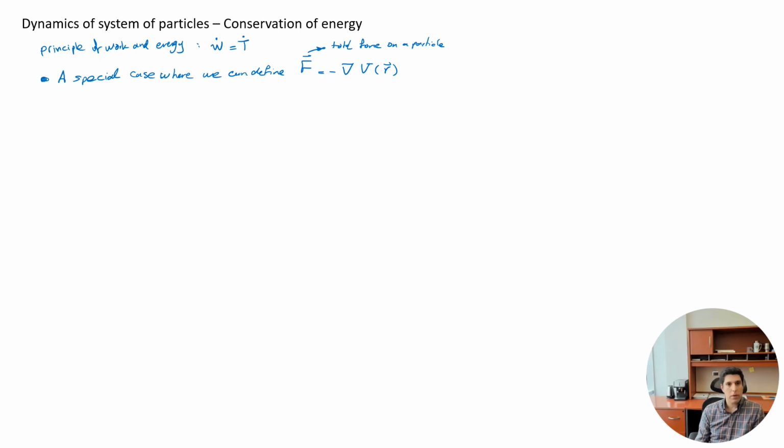So if you remember, the gradient is partial v partial x i, minus partial v partial y j, minus partial v partial z k. This is the definition of gradient.